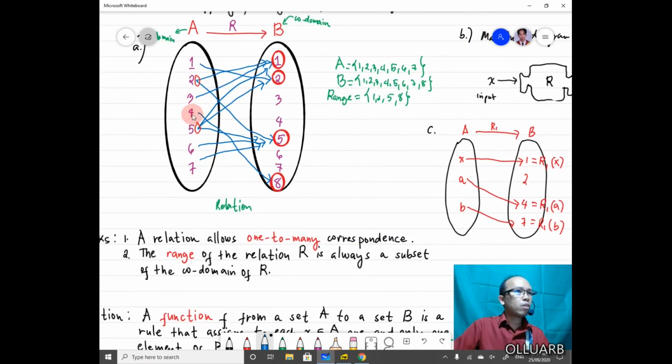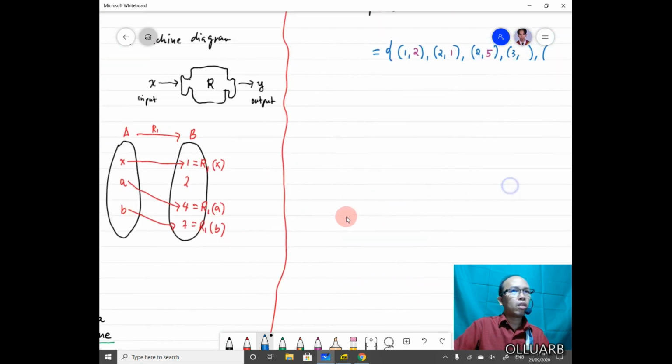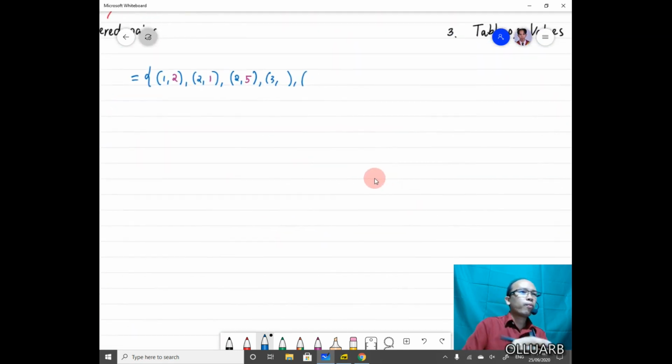and then 4 has only 1 partner, 1 8. 5 has 3 partners.